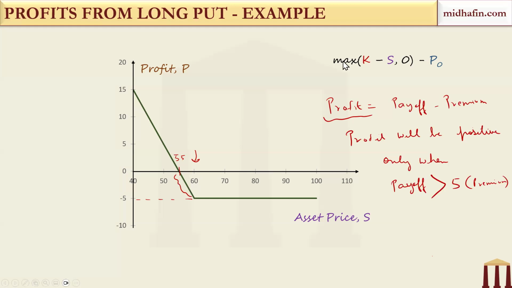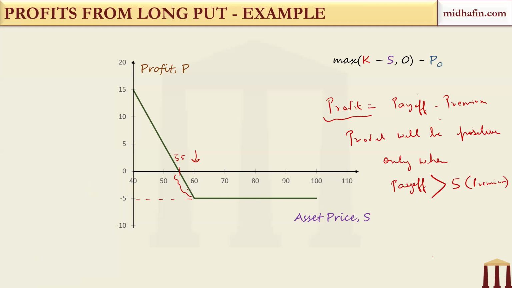If payoff is greater than premium, only then will this number be positive, right? So the payoff has to be greater than 5 to give a positive profit. So for a break even, the payoff should be equal to 5 at least, right?